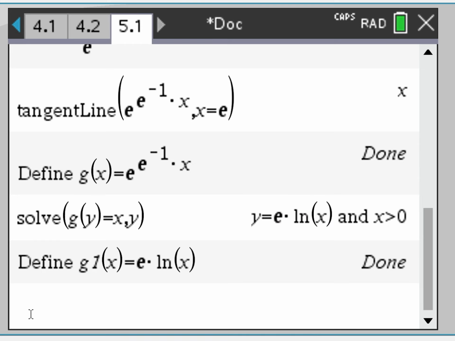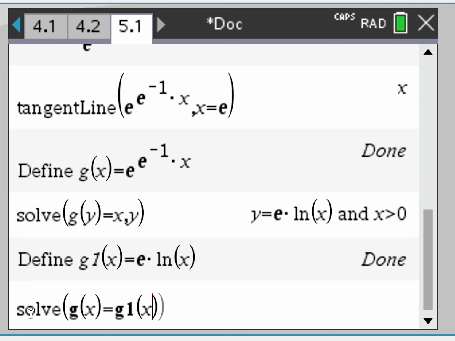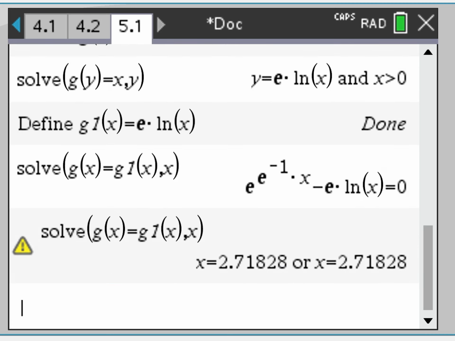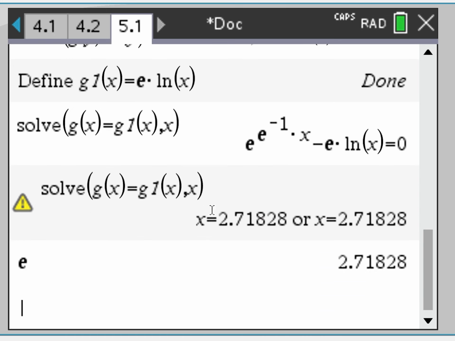Now let's find the intersection. So solve g of x equals g1 of x, comma x. Okay, so control enter. x equals 2.7182. Wait, that sounds like e. Yeah, it is e. So our intersection is going to occur at e and e.